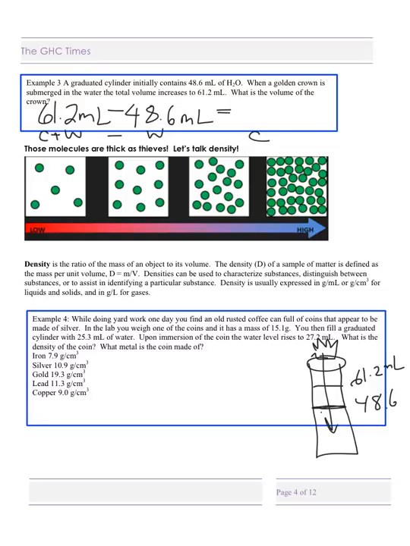So let's see here, 61.2 minus 48.6 is 12.6 milliliters. Itty bitty crown. Oops, I forgot the 0.6. 12.6 milliliters is the volume of our crown.